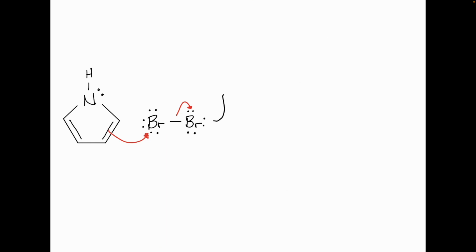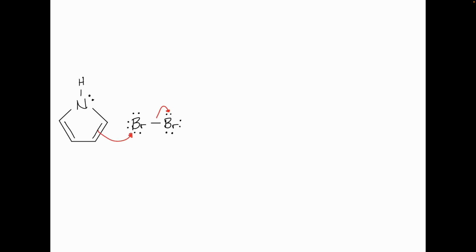All right, but let's see, there's two possible positions. If I'm starting to number away from my nitrogen here, I can either have carbon 1 or carbon 2 with that new electrophile on there. All right, and let's see if we can't figure out which one it's going to go on here.